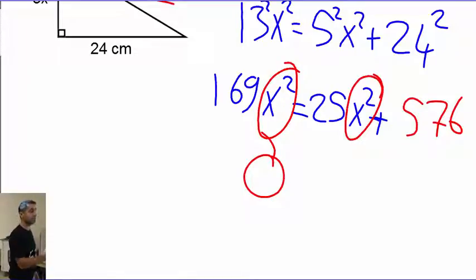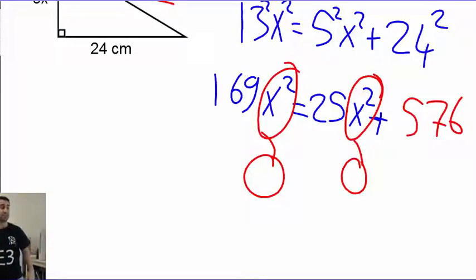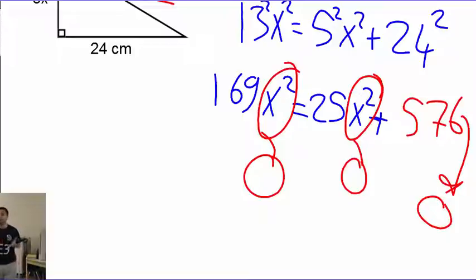This x square here is apple as well. That poor 576, it doesn't have x square. It is not apple. This is, let's say, orange. It's a different fruit. So what is 5 apples plus 4 oranges?